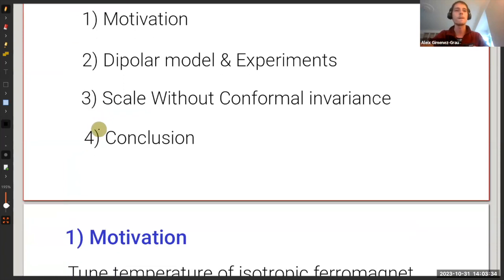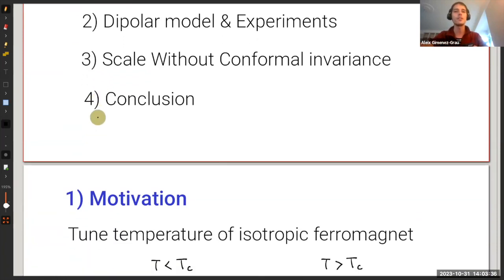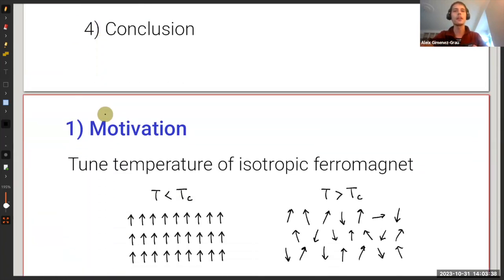Okay. So let me start with the motivation. The type of system we are going to study today is something like an isotropic ferromagnet. As we all know, you can tune the temperature of a magnet, and then below some critical temperature, this magnet is going to be in some ordered state. If you heat it up, to a temperature which is high enough, then this magnet is going to be disordered.